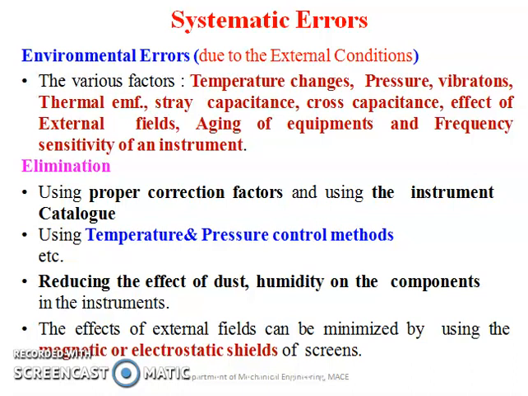The various external factors are temperature changes, pressure, vibration, thermal EMF, stray capacitance, cross capacitance, etc. So this can be eliminated by different ways, like using proper correction factors and using the instrument catalog, and also we can control by using temperature and pressure controlling methods, and also by reducing the effect of dust, humidity, etc. and also by reducing the effect of external magnetic field and electrostatic fields, we can reduce the effect of environmental or other external parameter influences.